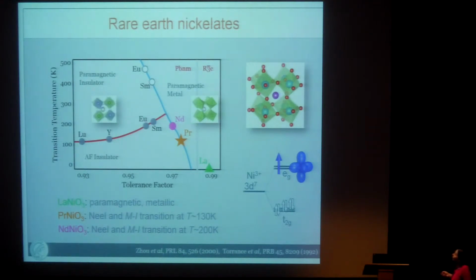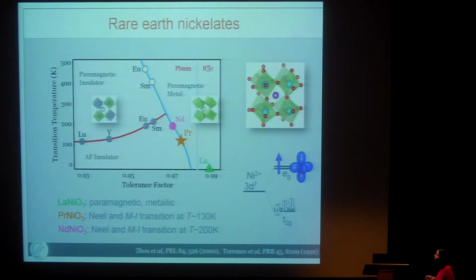So our model system, as already introduced by Marta, are the rare earth nickelates. We have seen this phase diagram already, so I don't need to tell so much about it. So far we have focused on heterostructures based on lanthanum, praseodymium, and neodymium nickelates, so more on the itinerant side of the phase diagram, with lanthanum being the member of the family which is metallic and paramagnetic down to lowest temperatures.